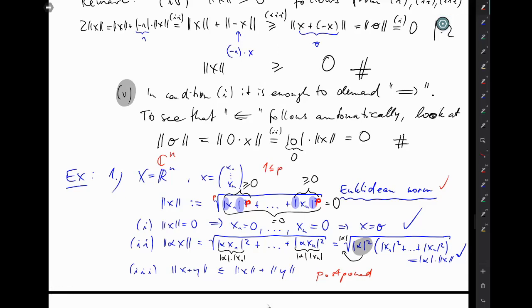You do not call this the Euclidean norm anymore, you call it the p norm, what you get then. So the Euclidean norm is what you get for p equals 2.